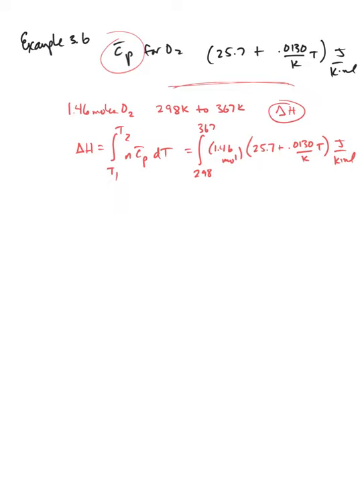Pull through the constants. So I pull through the 1.46 moles, and then I have to evaluate 25.7 T plus 0.0130 T squared over 2 K, evaluated from 367 down to 298. Oops, forgot my little parentheses in there, and I got my units too.